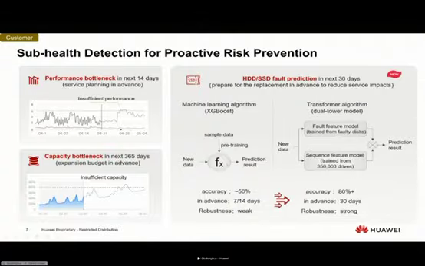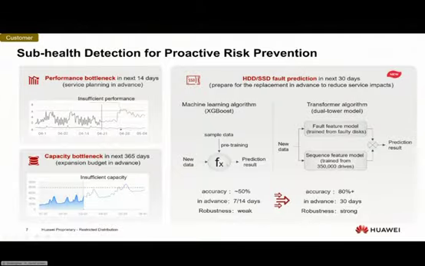We use a dual tower model: one model is trained on the drive's typical features, and the other on frequency features. This is trained from over 350 thousand drives from the network. So we can use the transformer to get better accuracy, and also predict faults over 30 days in advance.